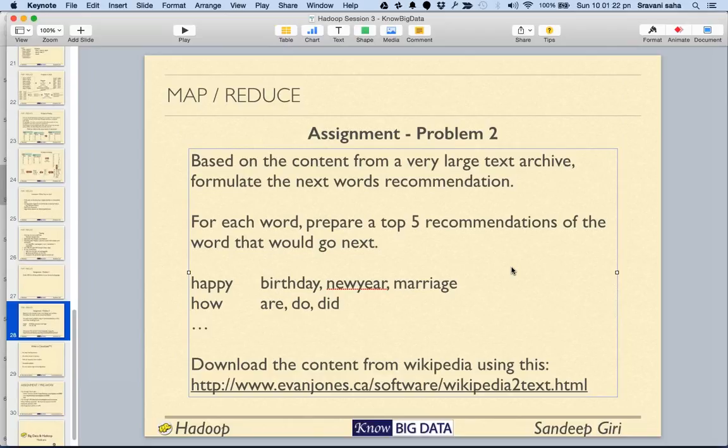You can download the Wikipedia data from this place. Not Google style. Google style will be far more difficult to do. This one is very simple. Here the prediction is just based on a single word, the first word you type, not the whole phrase, because if you try to do it with the whole phrase, then it will be fairly difficult.